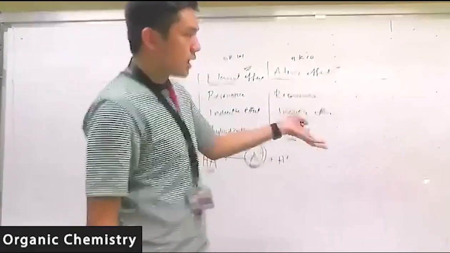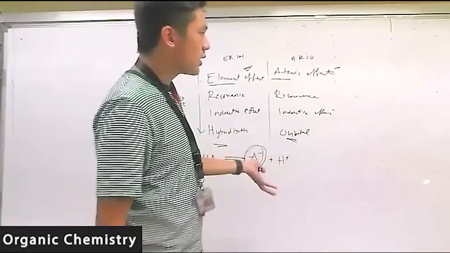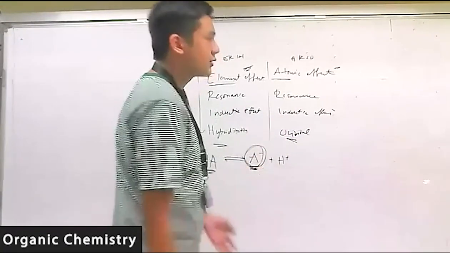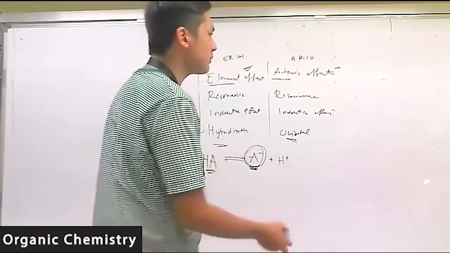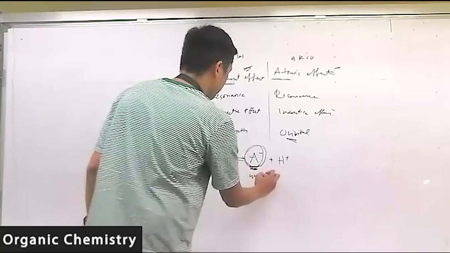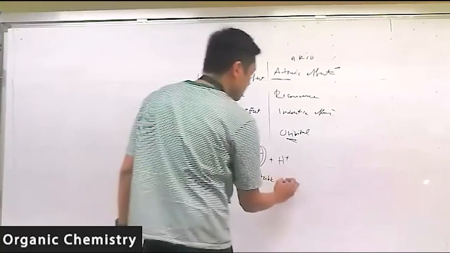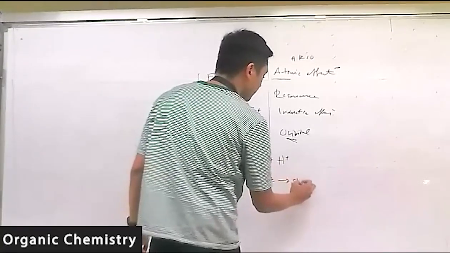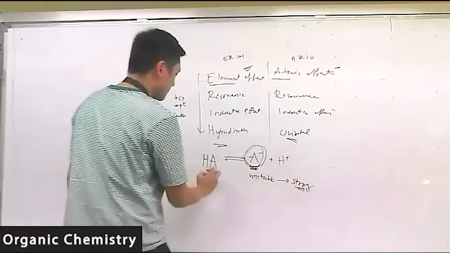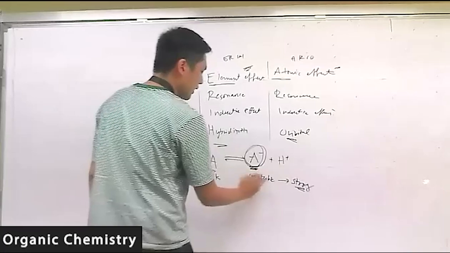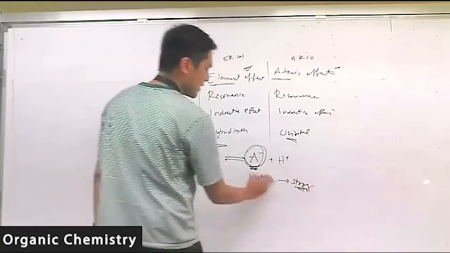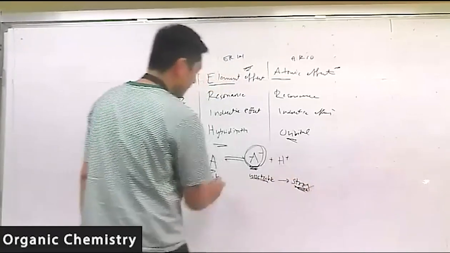In order to know if an acid is strong or weak, you assess the stability of your conjugate base. If your conjugate base is unstable, it is a strong base. If the base is strong, your acid is weak. So unstable base, strong base, weak acid.